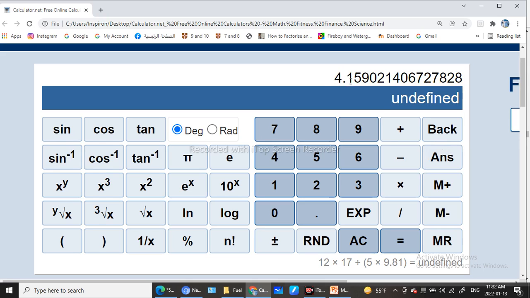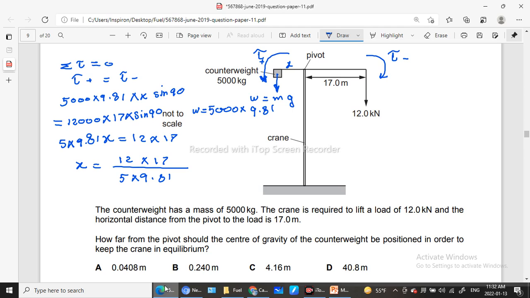The answer is 4.159, but we take the answer to three significant figures, 4.16. It is rounded to 4.16. So this is the qualified answer.